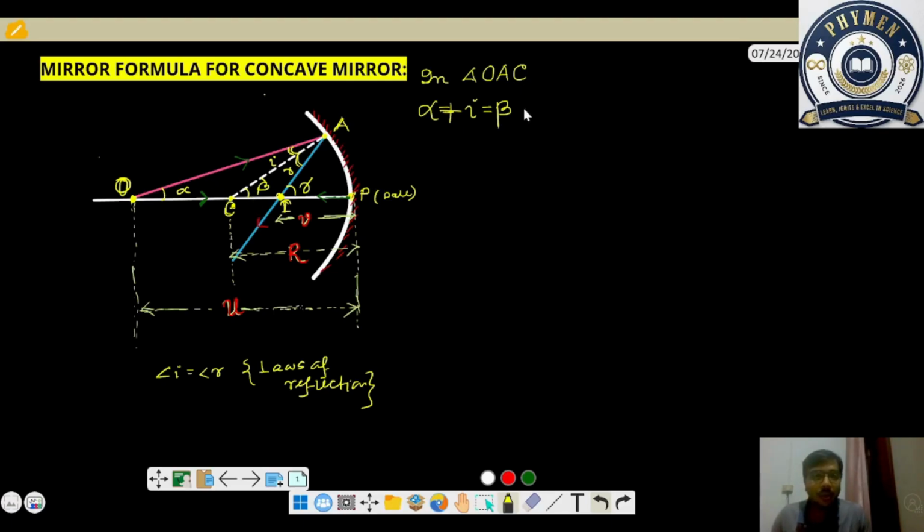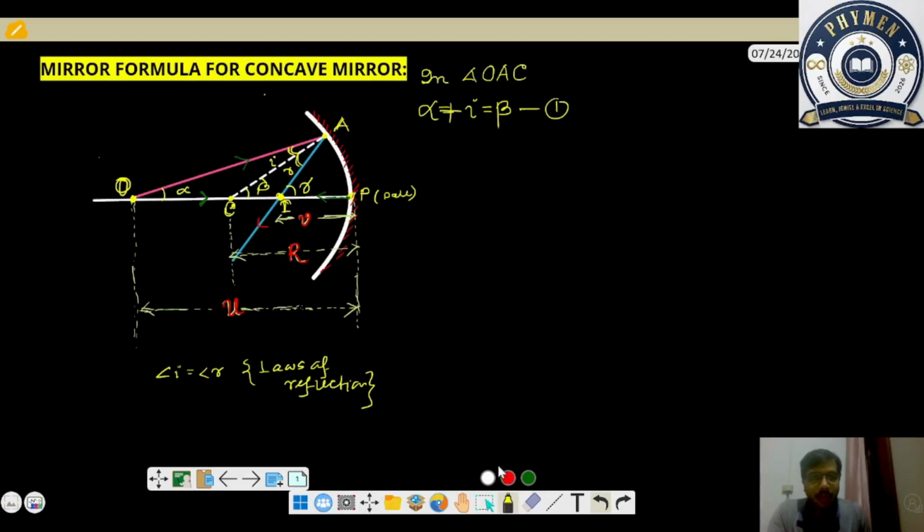We know that the exterior angle is equal to the sum of the internal opposite angles. Here beta is the exterior angle, and alpha and I are the internal opposite angles. So this is the first equation that we have got.